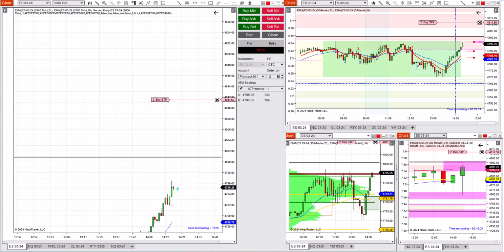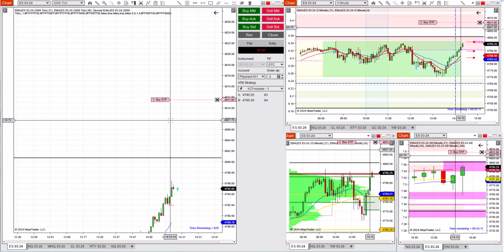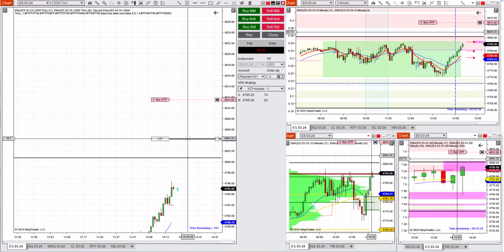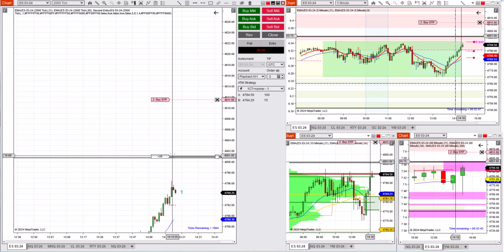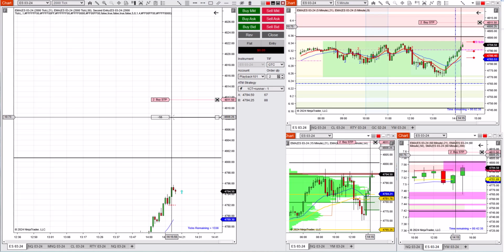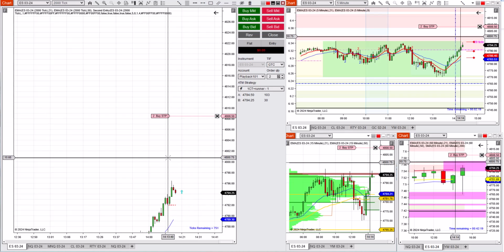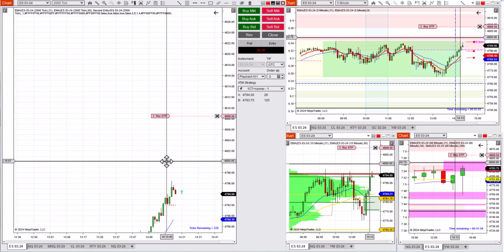All right, so we're going to prep to try to catch this, because we can see the line is around the 4,800. So we're gonna prep our order. Once we have a close that is clearly above this 4,800, we will start taking our trade.